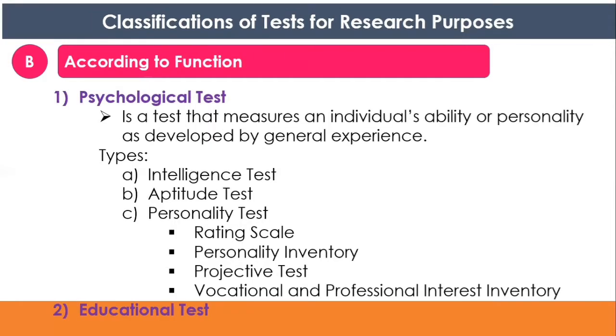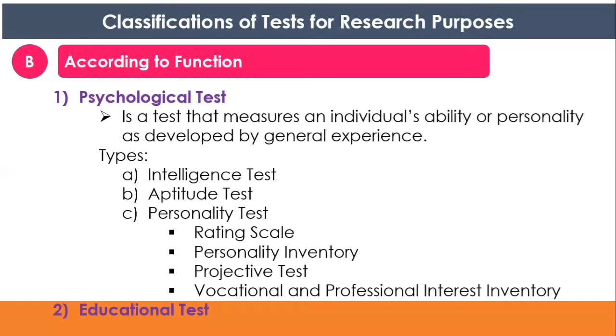Another classification of tests for research purposes is according to function. According to function, tests are divided into two types. First, we have psychological tests, and second, we have educational tests. Now, what's the difference between the two? A psychological test is a test that measures an individual's ability or personality as developed by general experience.